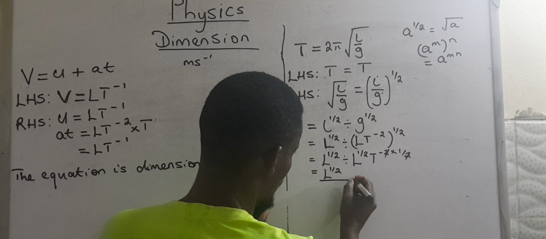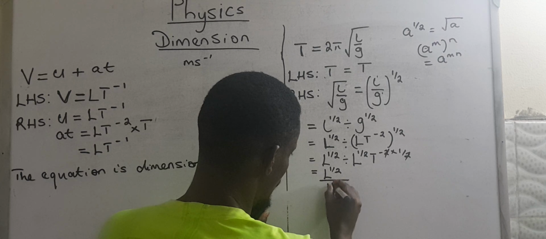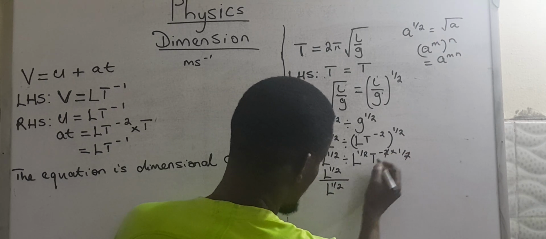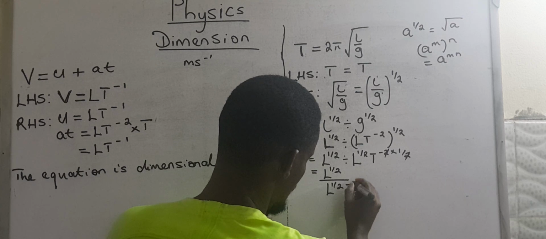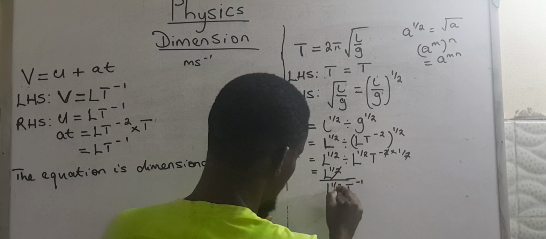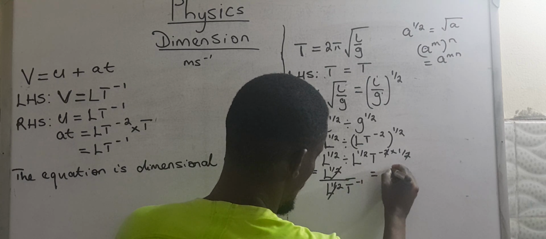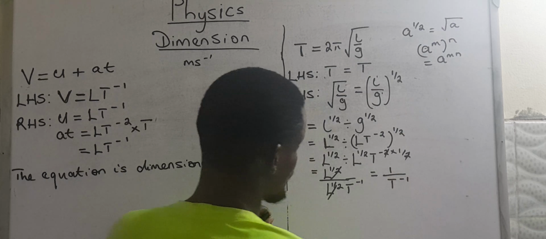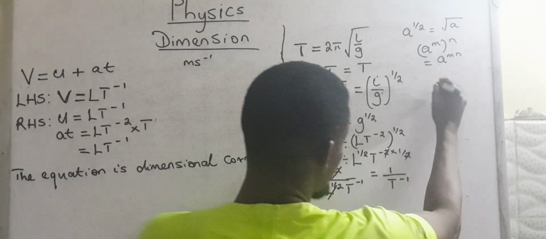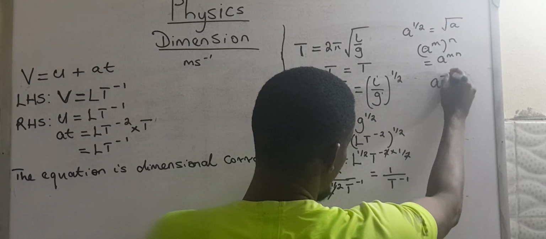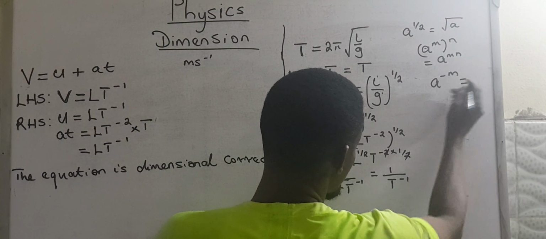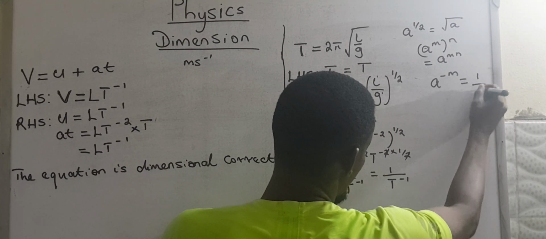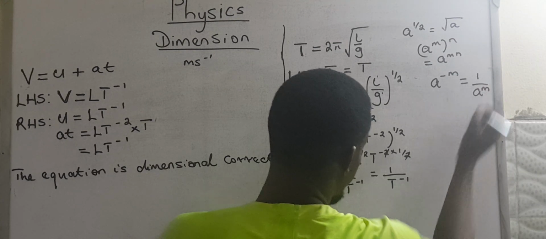So I can use over now. This is L to the power 1 over 2, and this is T to the power minus 1. At the end, I have 1 over T to the power minus 1. Now again, in indices, if you have A to the power minus m, which is the negative index law, it becomes 1 over A to the power m.